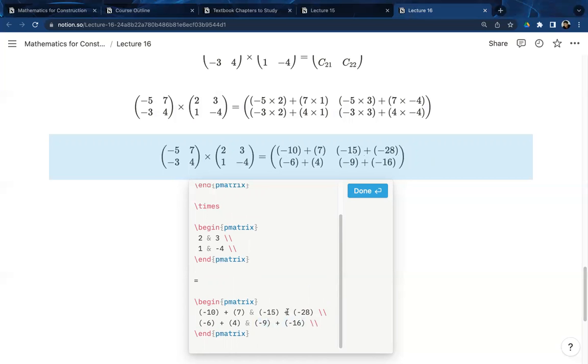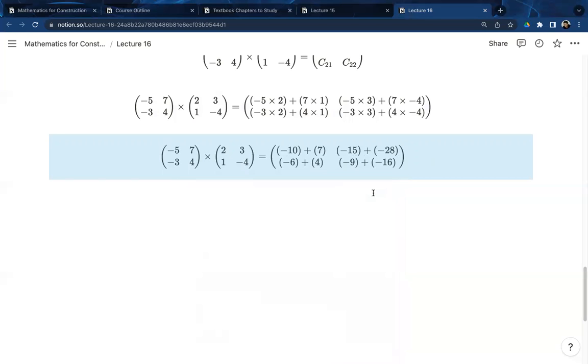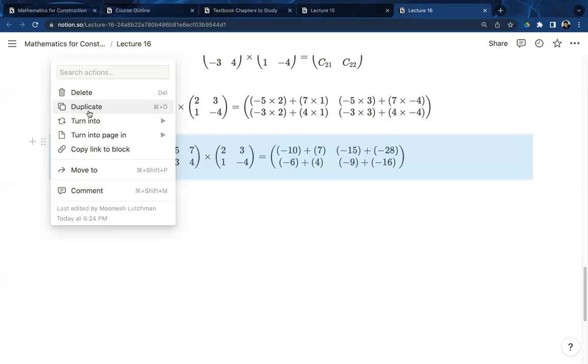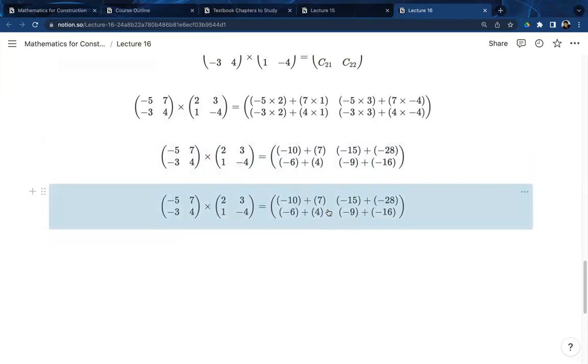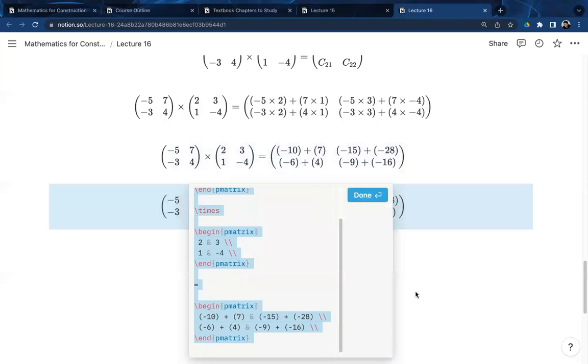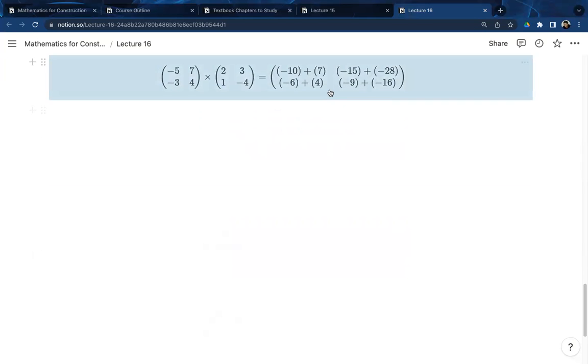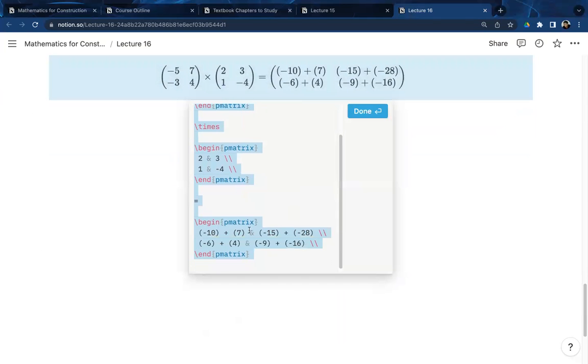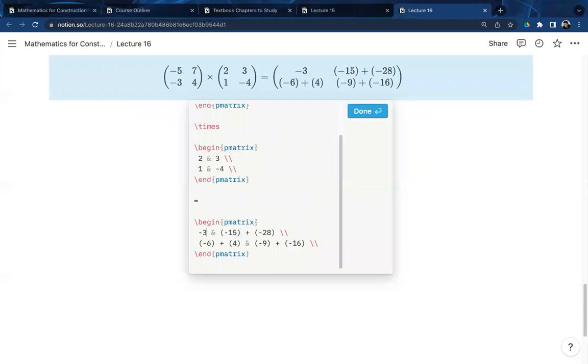Negative 60. Negative 10 plus 7, that's negative 3. Negative 15 minus 28, that is negative 43.